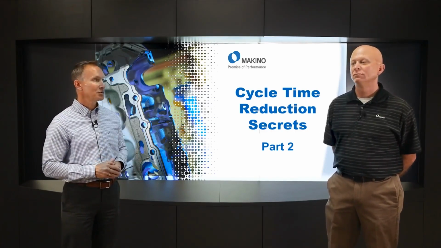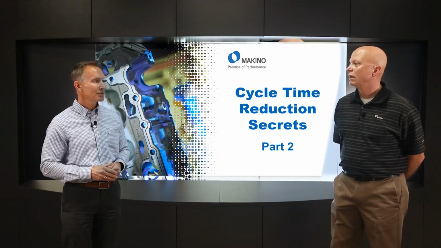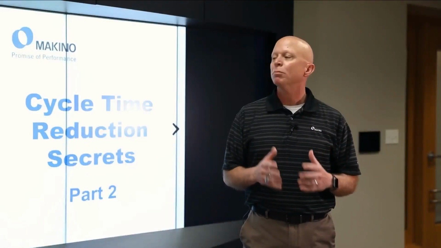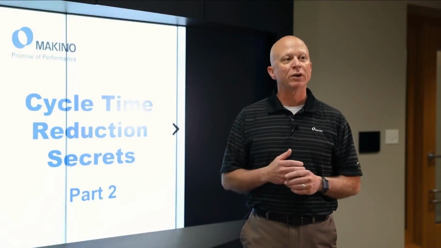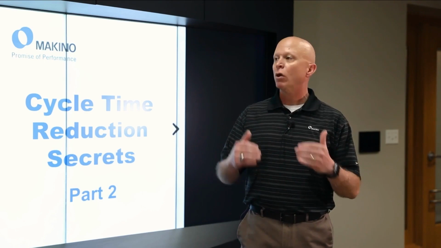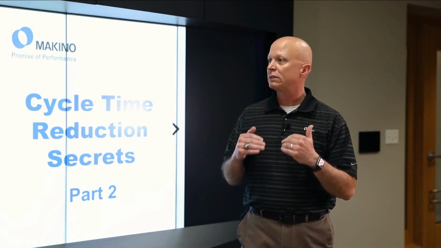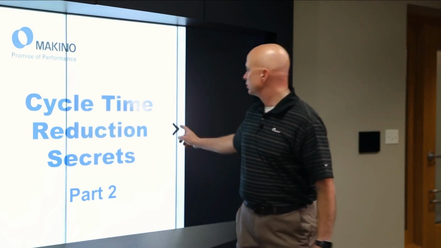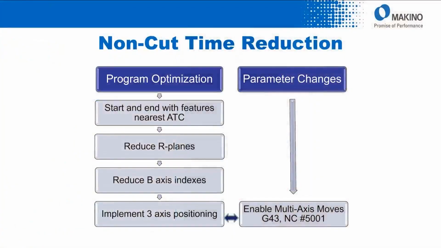So Mike, part 2 today. What are you going to share with us? So talking about reducing your machining cycle time and focusing on that non-cut time, those low risk activities, we're going to talk about specifically and show you optimizing your program, which includes a parameter change. Optimizing your program, we're going to show you starting and ending with features nearest the automatic tool changer.